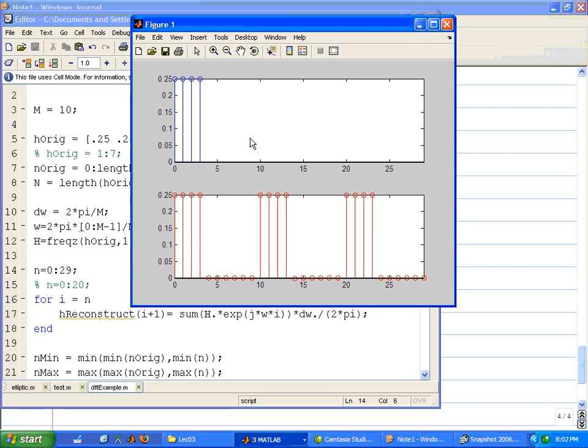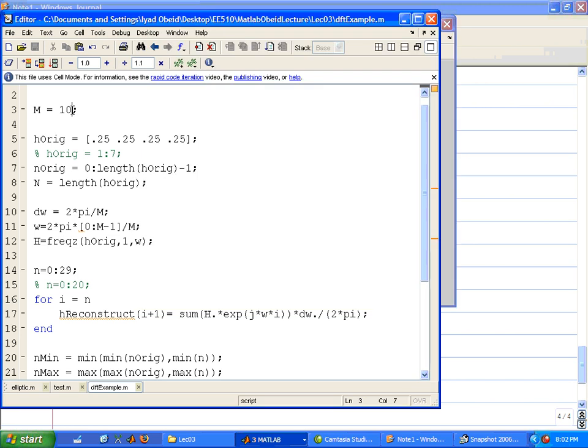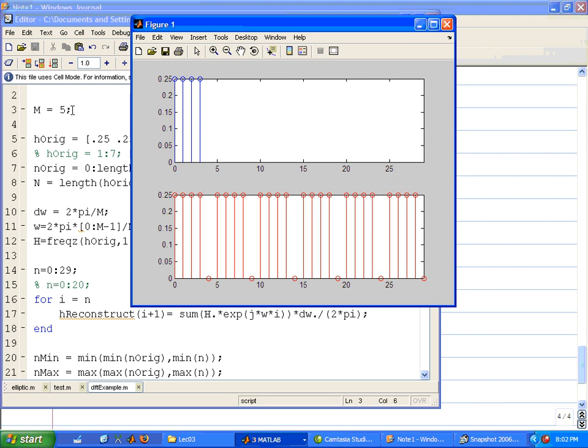Exactly, right? Now we can start to see what happens if I decrease M. This is M equals 10. What if I let M equal 5? So, a 4-point sequence, and I still get my original signal back. Now what's the smallest value of M I can have? 4. What happens when I have M equal 3?